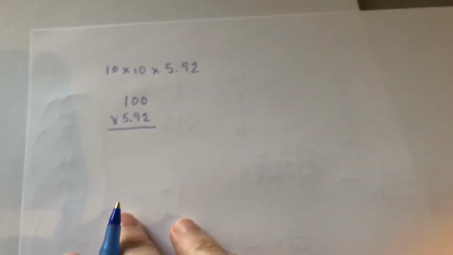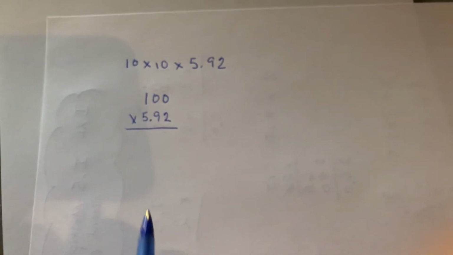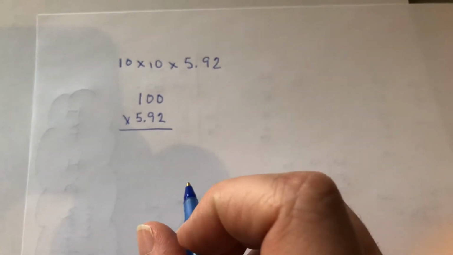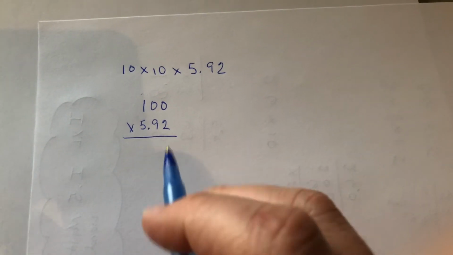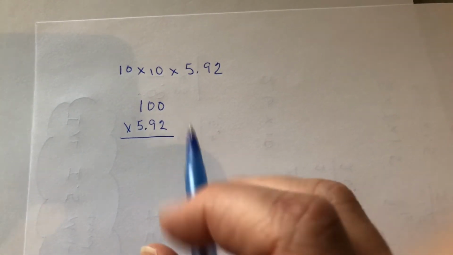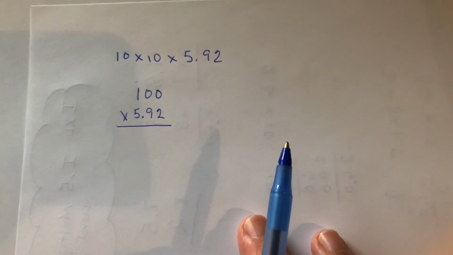And now I'm going to multiply as if this was 100 times 592. Now, I'm going to multiply this just as you would using the standard algorithm, but I'm going to talk about, and maybe you already know this, a little shortcut too.